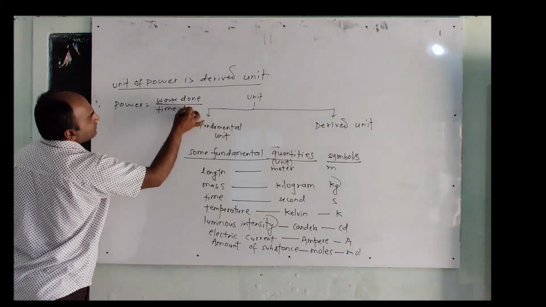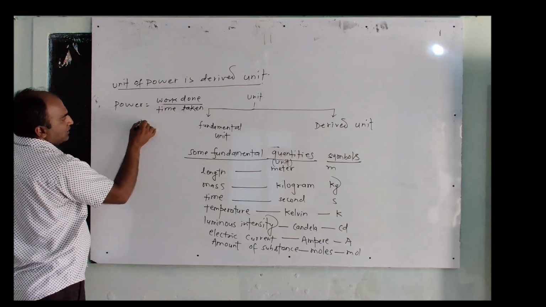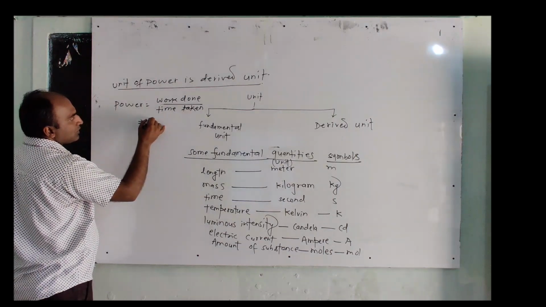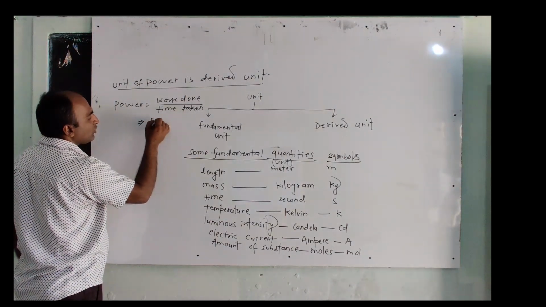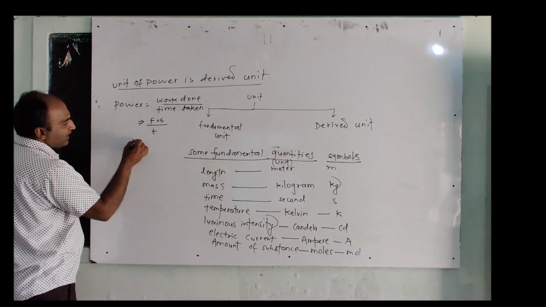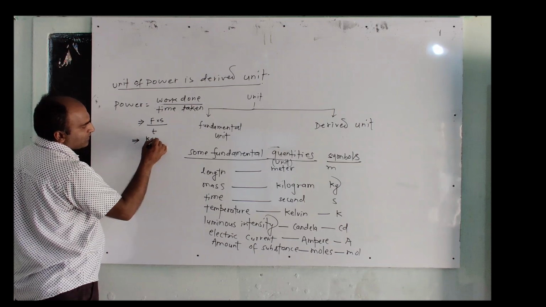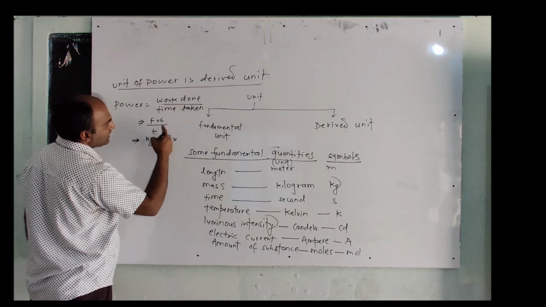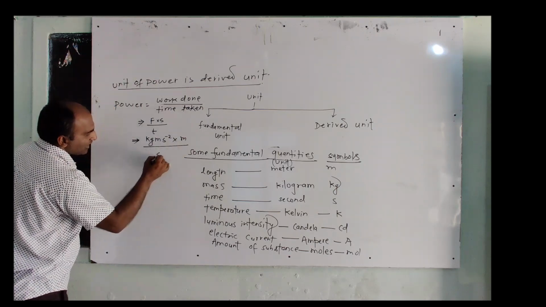Work W equal to F into S, divided by time T. While writing the units: force kg meter per square second, into displacement meter, by time second.